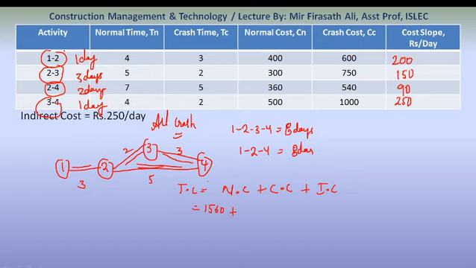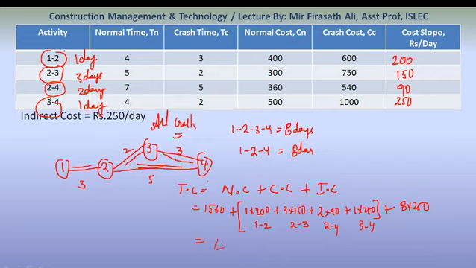The crash cost values are as follows: 1 to 2 we are crashing with 1 day, 1 into 200 plus 3 into 150 plus 2 into 90 plus 1 into 250 plus indirect cost 8 into 250. This is for 1 to 2 activity, this is 2 to 3, this is 2 to 4, this is for 3 to 4. The total cost is 4640 rupees.